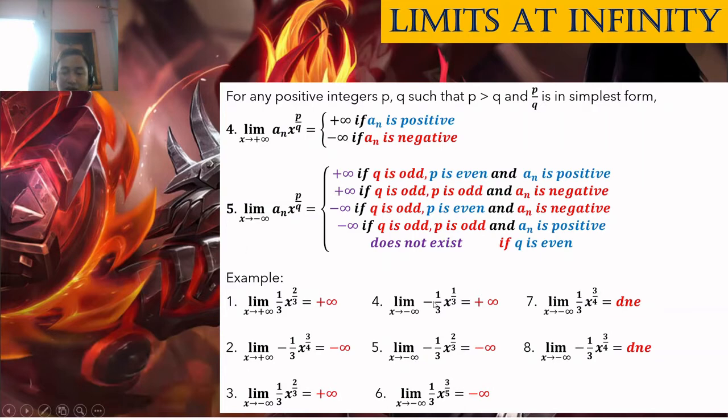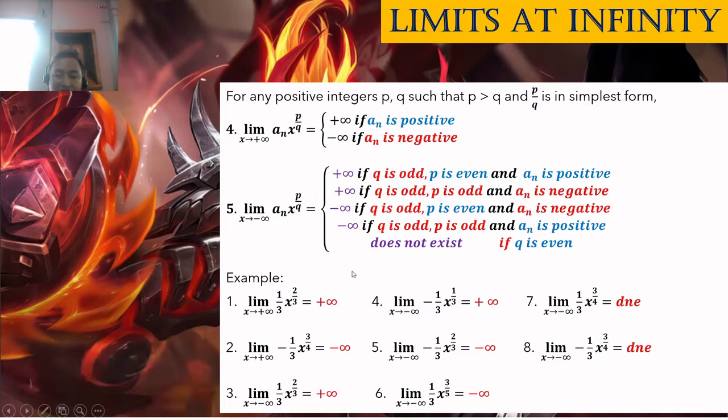Okay, number 4: negative 1/3 x to the 1/3. P is odd, which is 1, q is odd again, 3, and a n is negative. Since a n is negative 1/3, the answer is positive infinity, that is case 2. Because x to the 1/3 is always negative, and we multiply it by negative 1/3, the values become positive, so it goes to positive infinity.